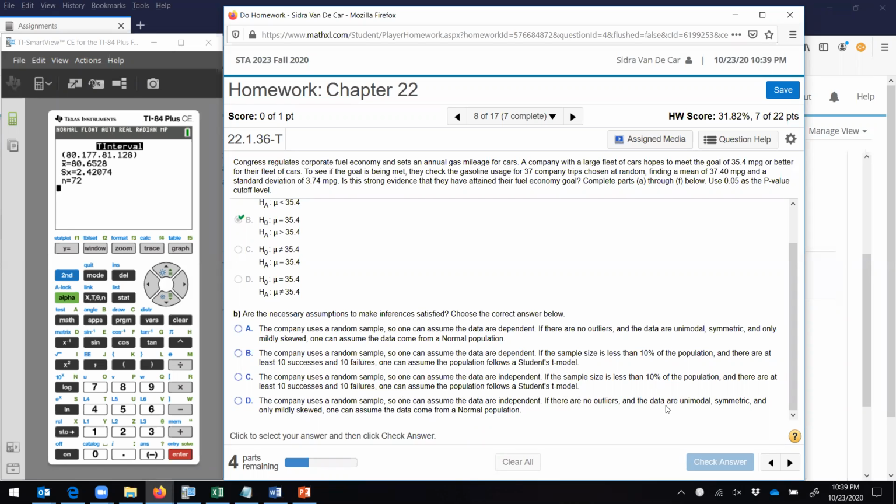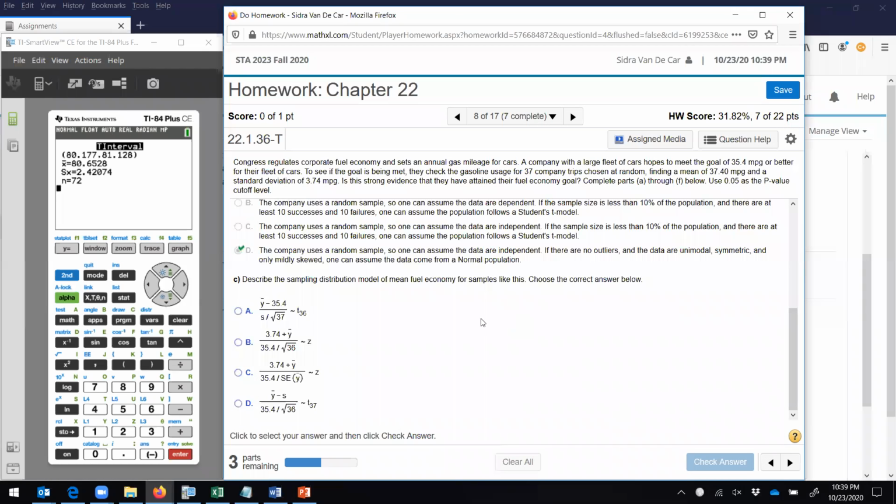If there are no outliers and the data are unimodal, symmetric, and only mildly skewed, one can assume the data comes from a normal population. Describe the sampling distribution model. All right.